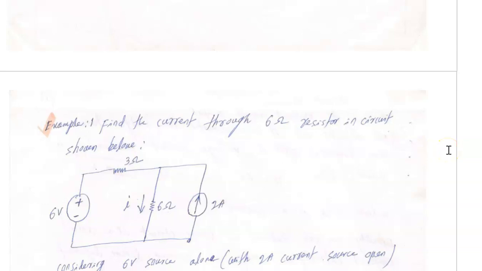So we'll clarify more about this network theorem with an example. We'll deal with a very simple example. Find the current through the 6 ohm resistor in the circuit shown below. There are many ways to solve this question, but we are mainly intended to solve it through the superposition theorem. According to the superposition theorem, what will we do?